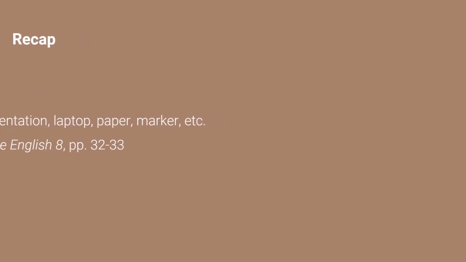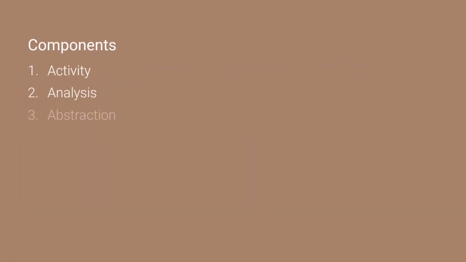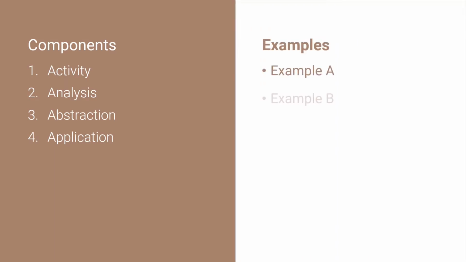Now the third part of a lesson plan is the procedure. This is where we will use the 4 A's format. In doing so, we will first discuss each of the format's components: activity, analysis, abstraction, and application. Then, provide examples following the set objectives and topic.